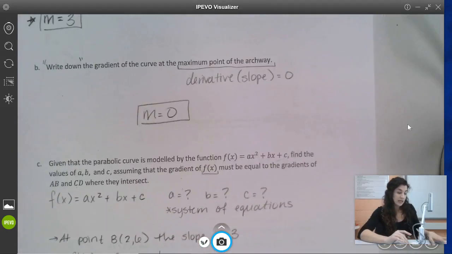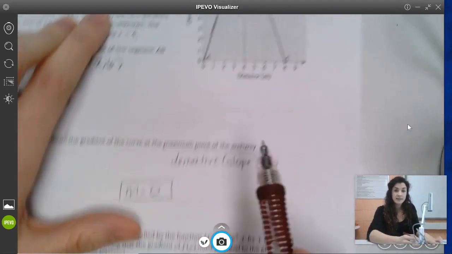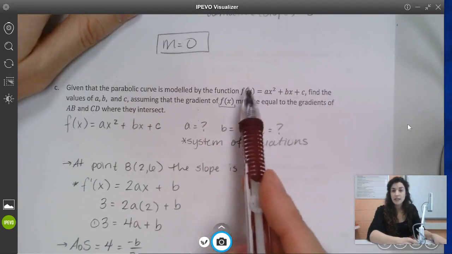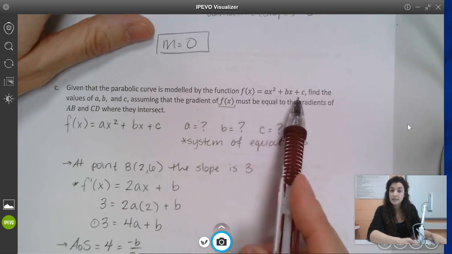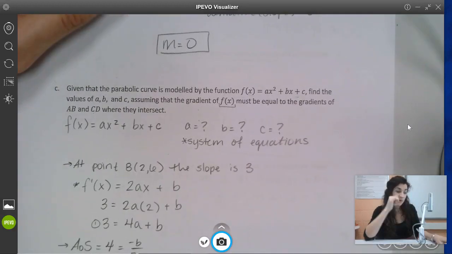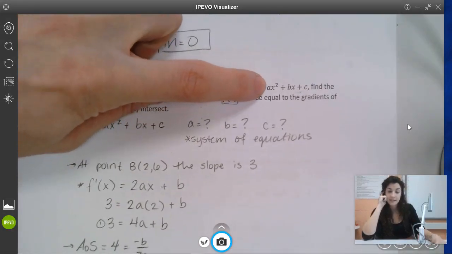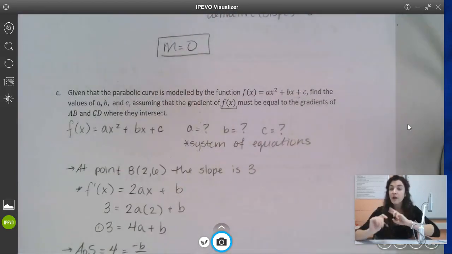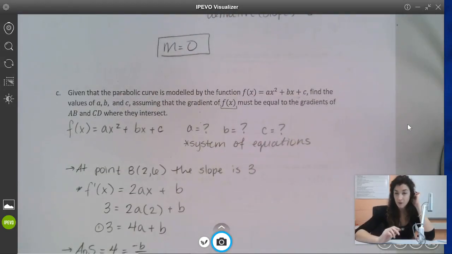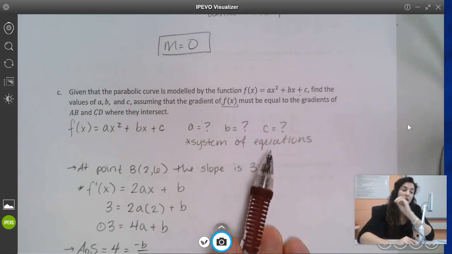If you put in 2, 6 and 6, 6 into this equation and said, hey, 6 equals a times 2 squared plus b times 2 plus c, and then you did it again with point D, 6, 6: 6 equals a times 6 squared plus b times 6 plus c, you would have gotten 2 more equations as well that involved c, and you would have then had 3 equations.